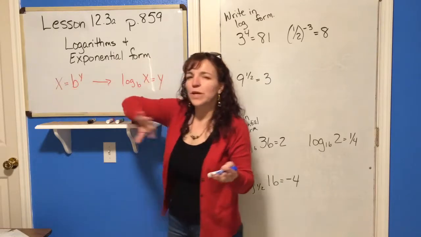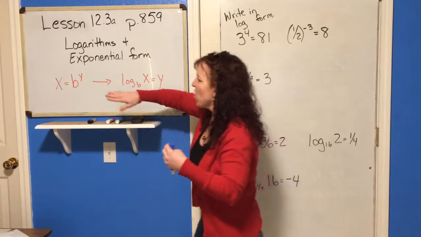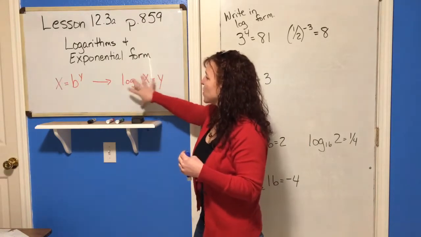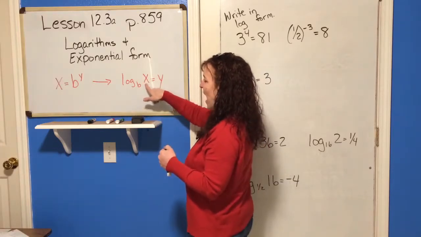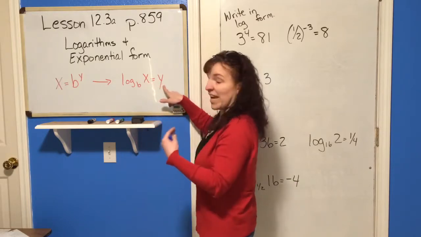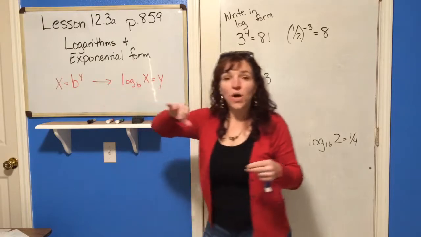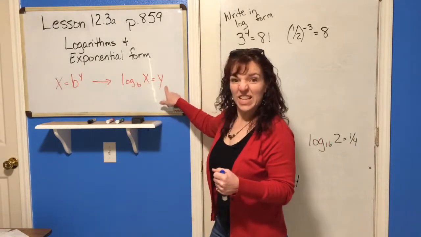that's going to translate. Once you get it, it's like, oh yeah, but this is a hard concept. A log has three parts in it: a base and the number that you're taking the log of, and that equals an answer. The answer is the exponent. So what a log does is it says the log of this is the exponent.